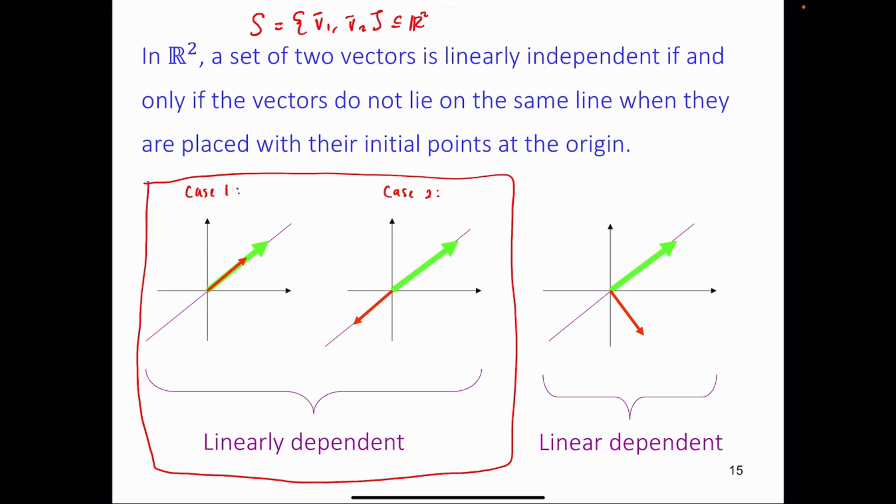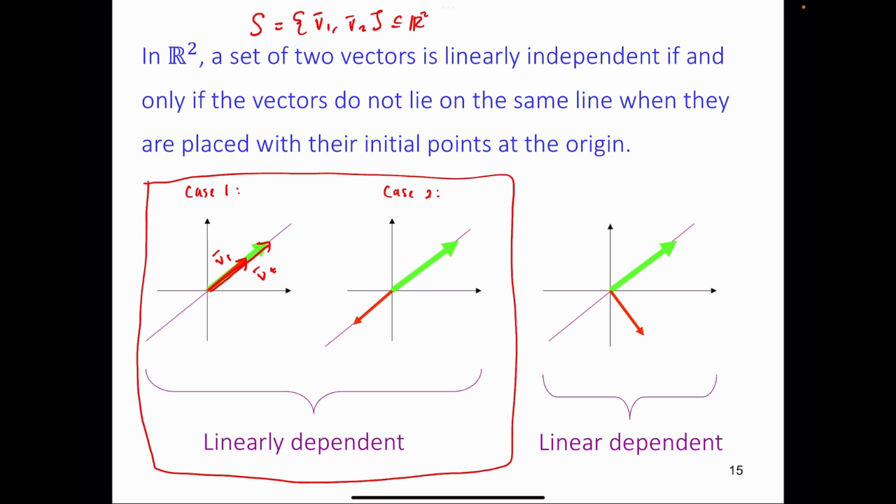For the first case, when we draw V1 and V2 in the same xy plane and locate their initial points at the origin, we find that V1 and V2 have similar direction, and they lie on the same line. So this is V1, and the green one is V2.